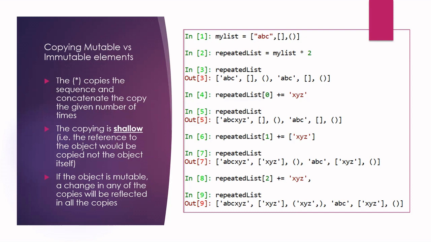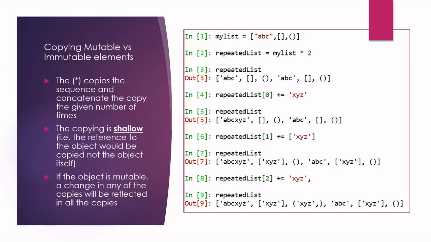Okay? So what happens when we create a copy out of this combination? Let's say here we wanted a repeated list, so we wanted to repeat my list twice. So this repetition is just repeated concatenation, right? It creates a copy of the original list and concatenates it to itself. So the result of this repetition is a new list that has the copies of the elements, right?